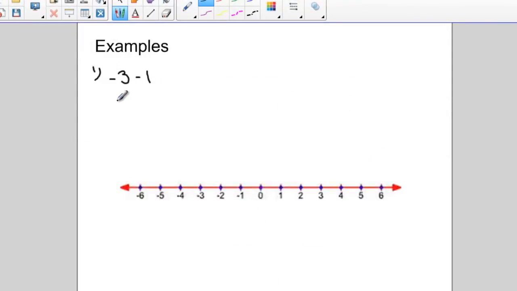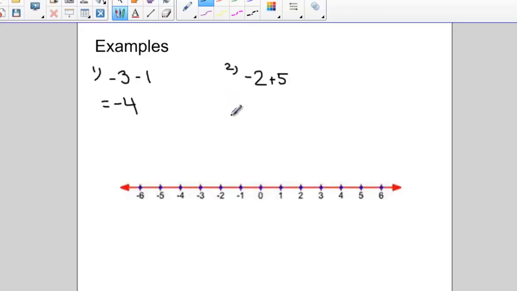If I wanted to determine what -3 take away 1 equals, I could think of -3 on my number line, find it on my number line. And we said that subtraction means we're moving to the left. So -3 take away 1 means I'm moving to the left 1 spot. So -3 take away 1 equals -4.